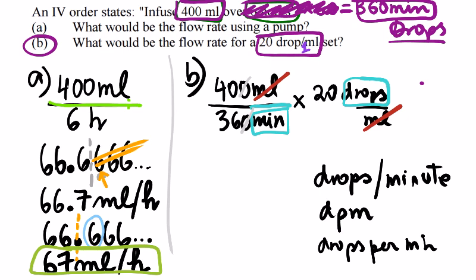So if we do use the calculator, we find 400 divided by 360 multiplied by 20, we find 22.2222. Of course, this cannot be an answer, because if we're talking about drops, each drop has to be a whole drop. There's no half a drop, third of a drop.